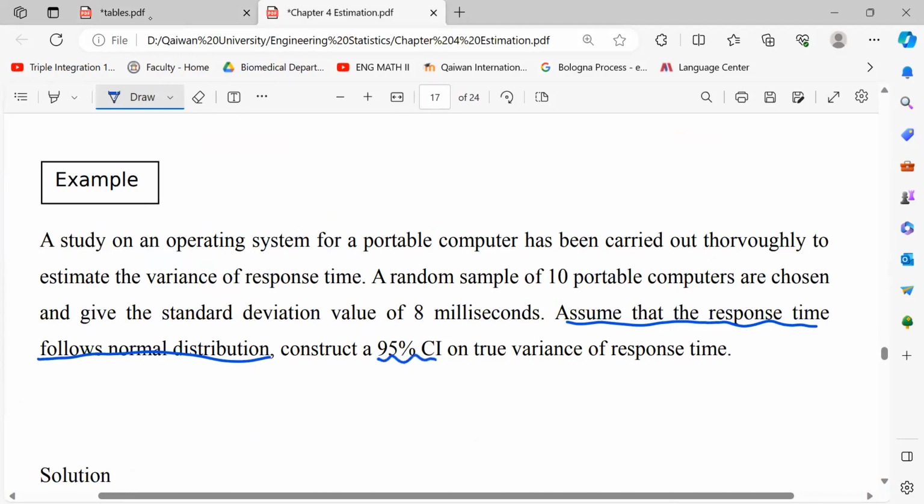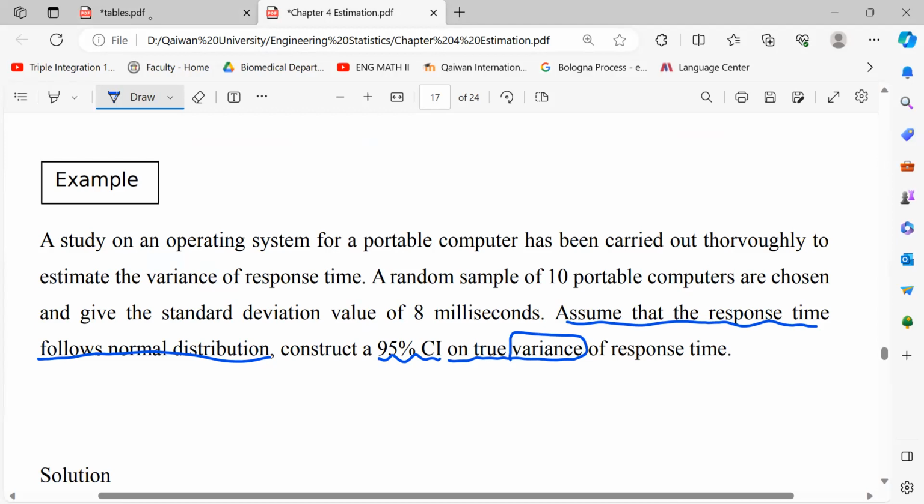Construct a 95% confidence interval on the true variance. It's given variance, and it doesn't say ratio of variances or something like that. As we have only one population, you should directly know that it's this case.